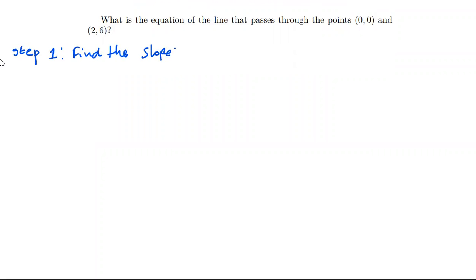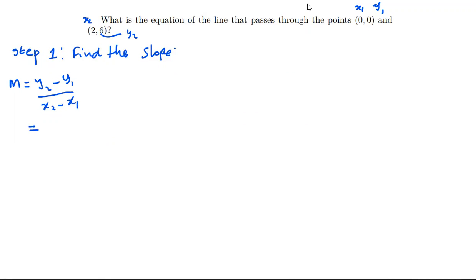Okay. So if we just label this point x1 and label that point y1 and then label this point x2 and label this point y2, by definition the slope m is equal to y2 minus y1 divided by x2 minus x1.